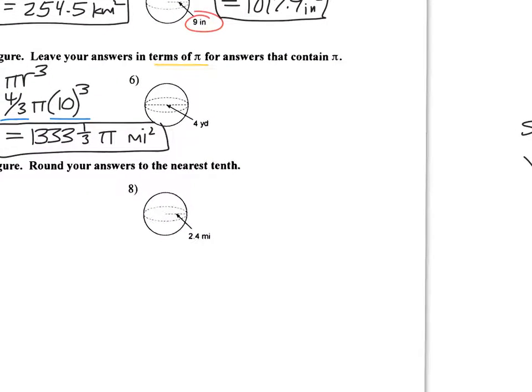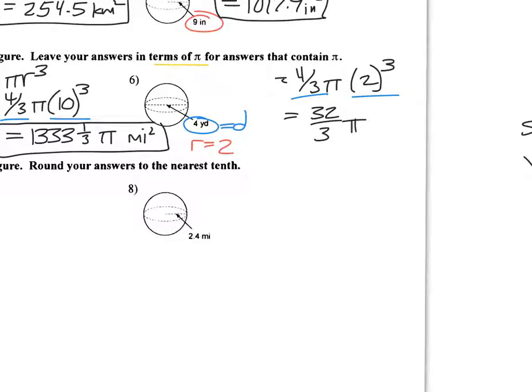Okay, this next one, this is diameter. So our radius would be 2. So we go back to the formula, 4/3 pi 2 to the third. Again, I'm just going to do the number part in the calculator and leave pi in the answer. It comes out to 32/3 pi.